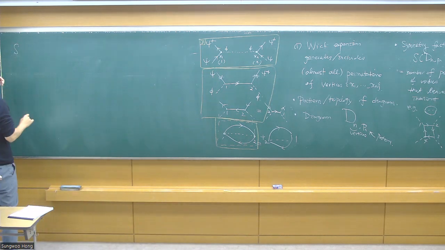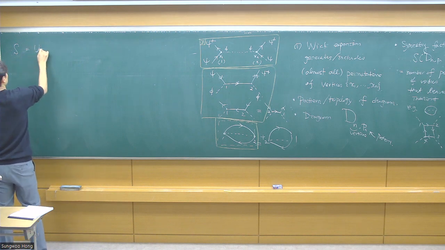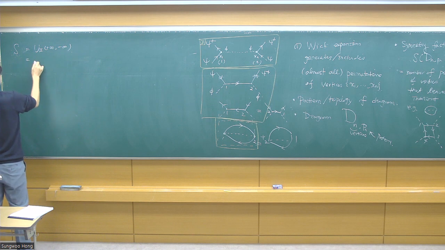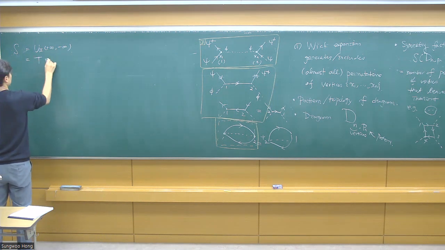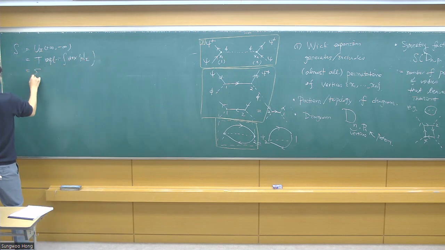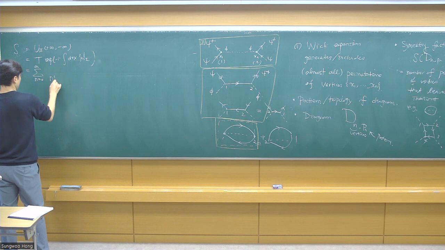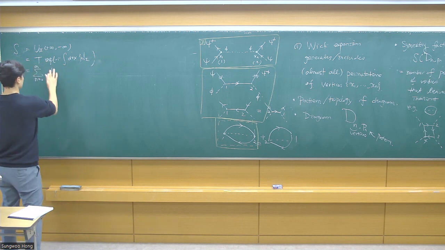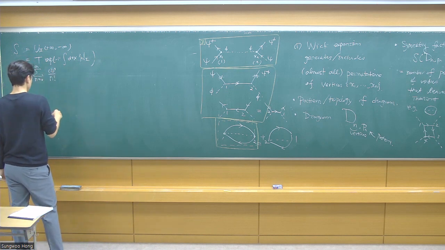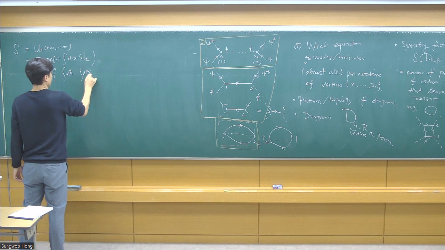Let me write it up: U_I plus the number of vertices, and then n factorial, because I'm expanding this. Okay, let me first write the S1 or NT.